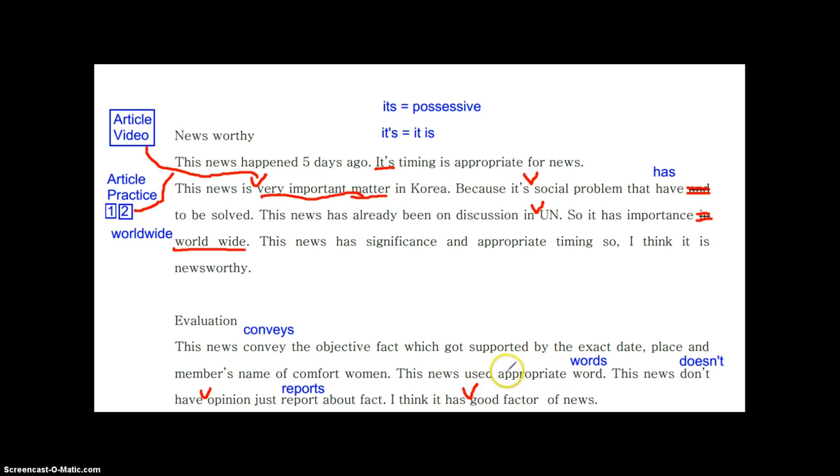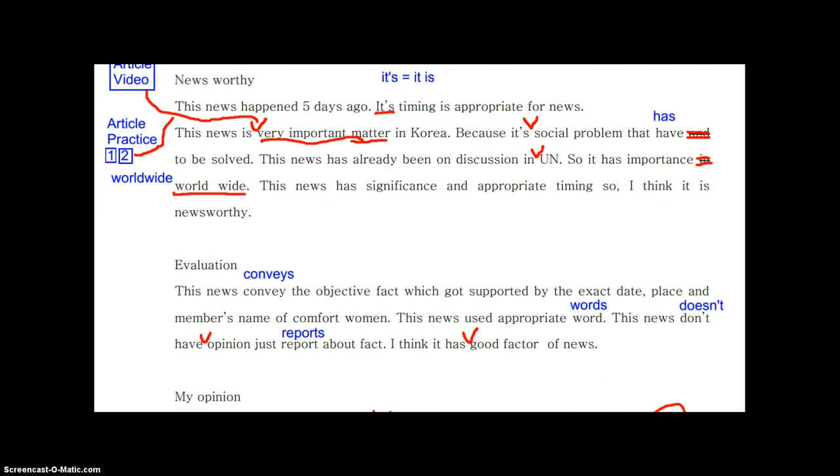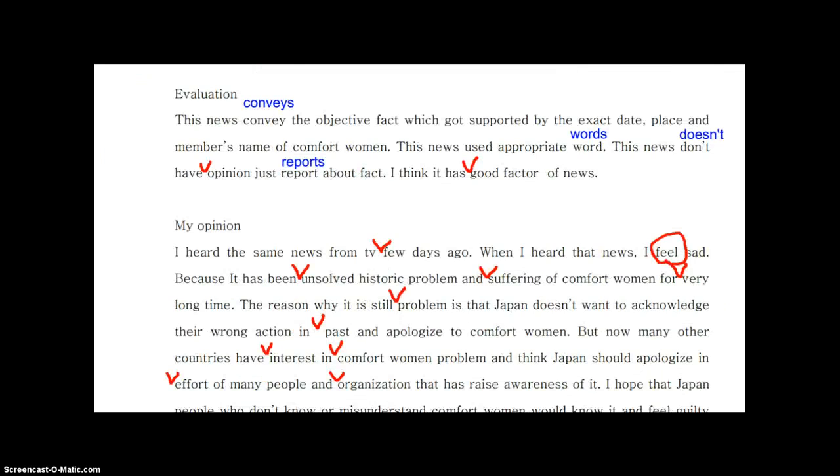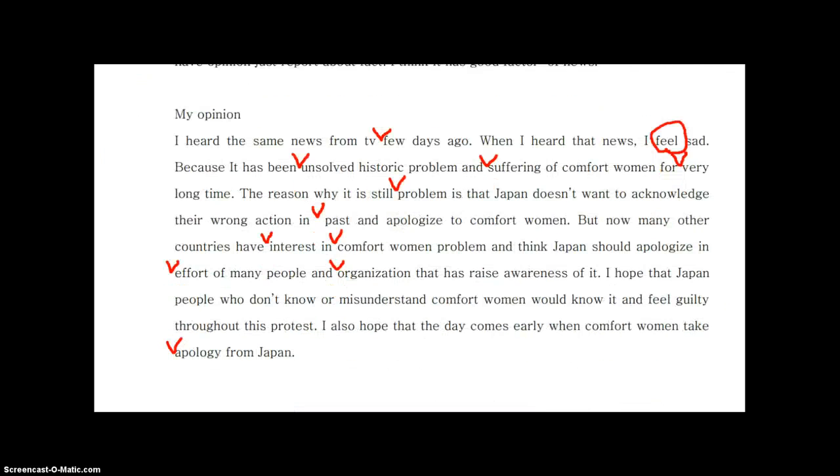Alright, let's go now to the bottom of your article on your opinion side and look at a couple of difficulties with tense, with simple present tense and simple past tense. Right here I circled "I feel sad" because when I heard that news, I felt sad.